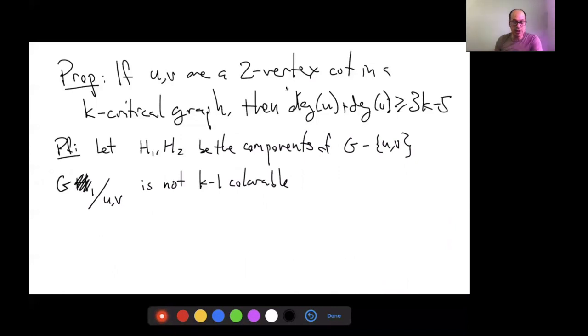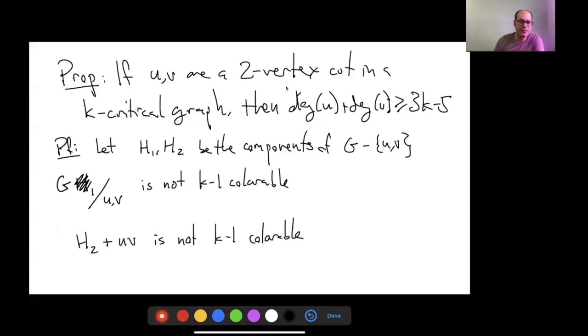Okay. So let me observe that G1, if I identify u and v, it's not k minus 1 colorable. Now, G1 is the one where u and v have to have different colors, right? And similarly, if I take G2 and add an edge connecting u and v, then that's not k minus 1 colorable.